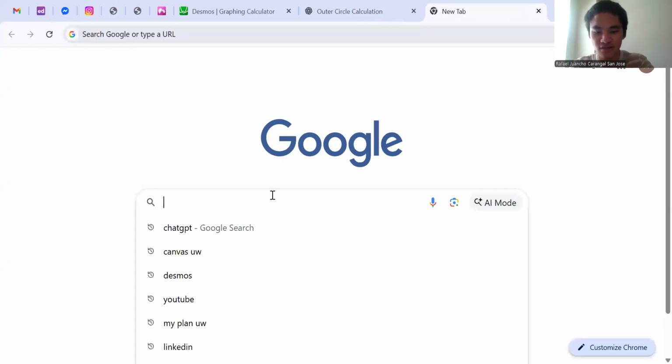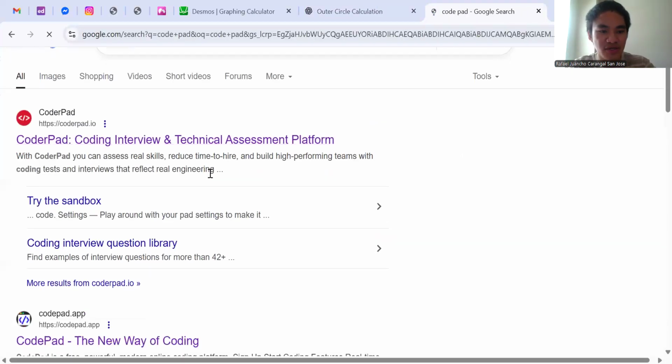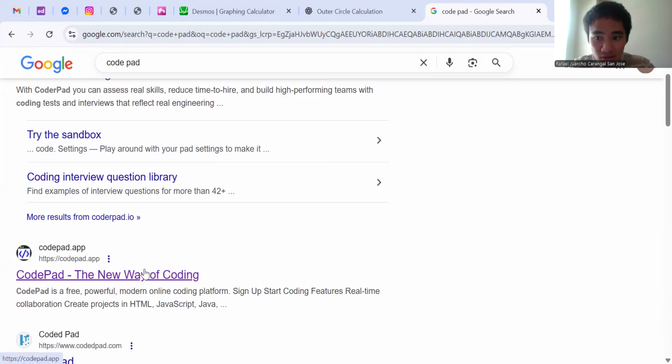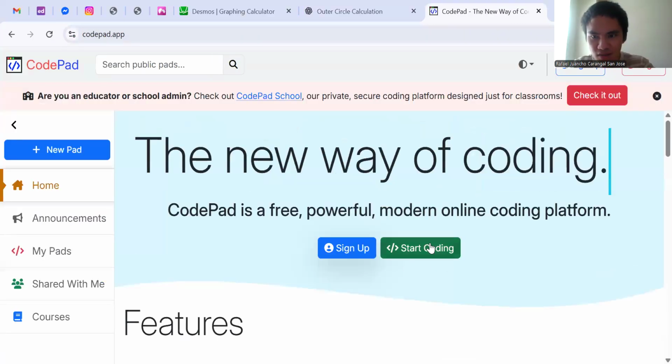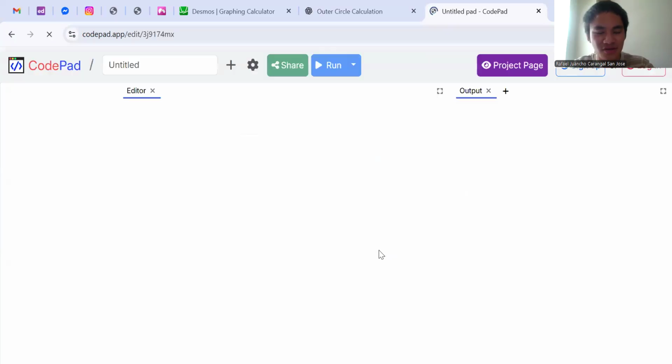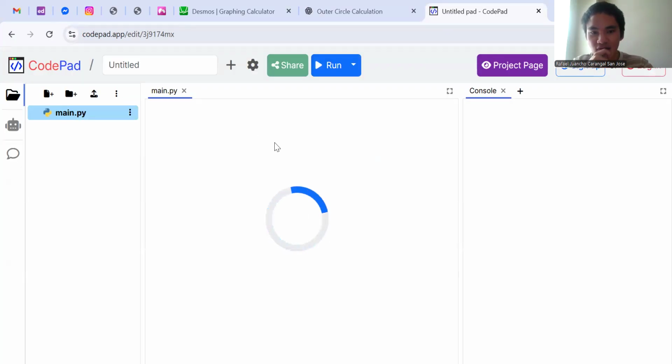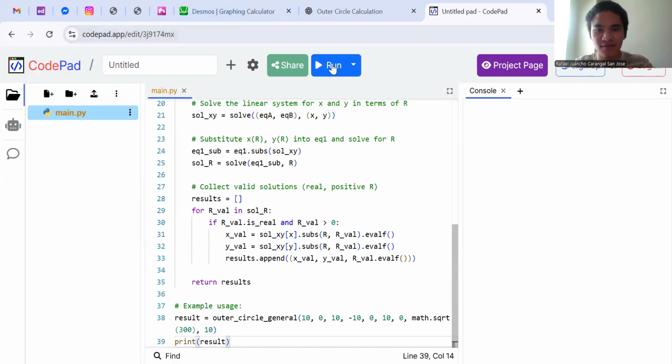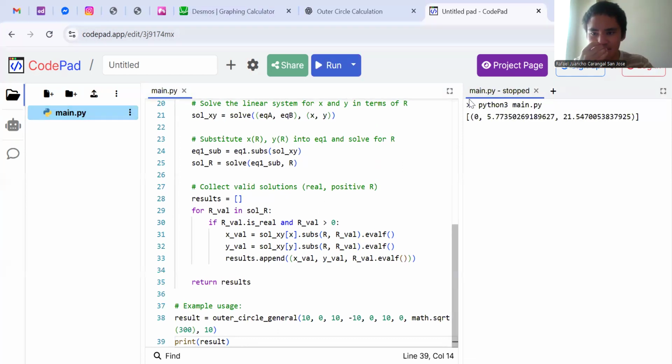Let me go to CodePad and a random IDE. Here's the thing, because I did write it. There's some things here. Then I get values, and see here it works for that first example. My 10, 0, 10. Or no, this one's 60.